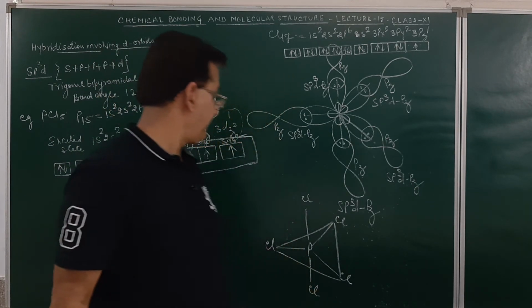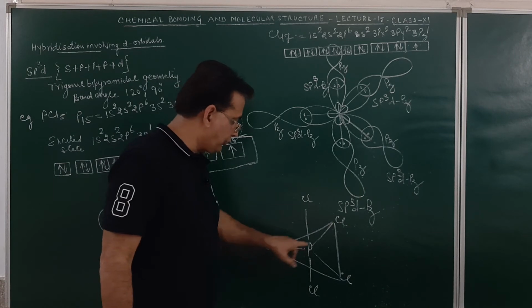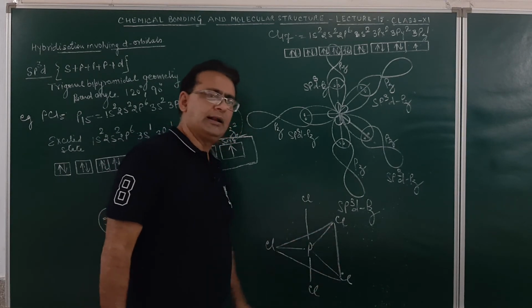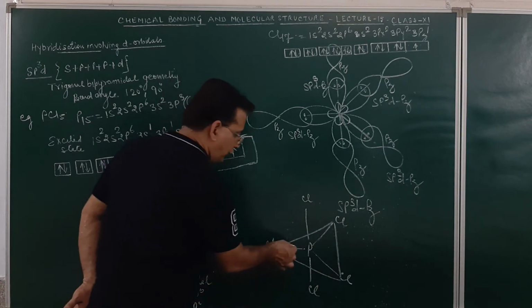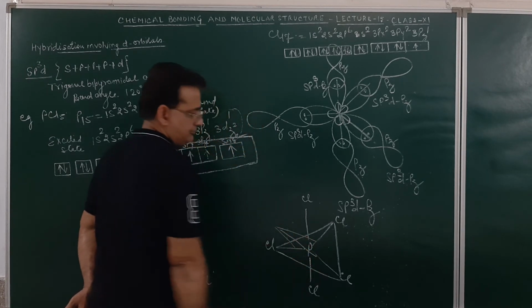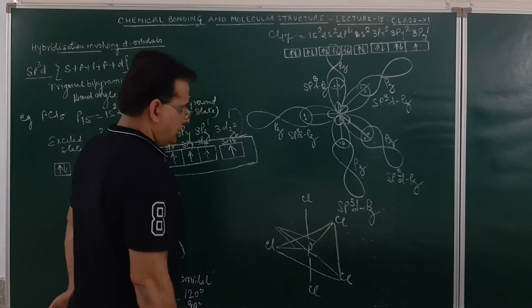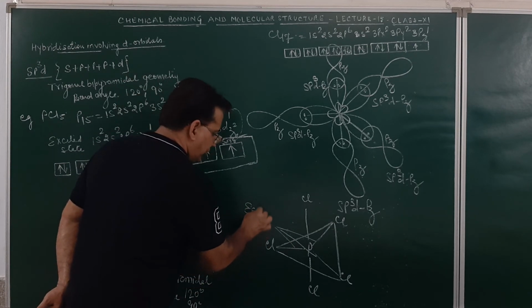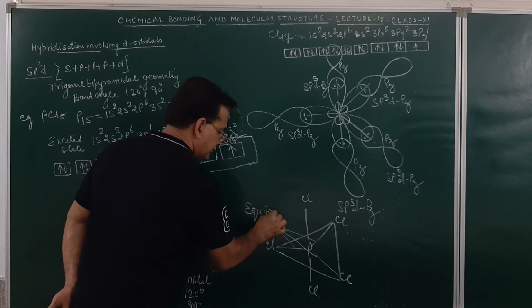Now remember, these 3 bonds are called equatorial bonds: this one and this one. These are equatorial bonds.